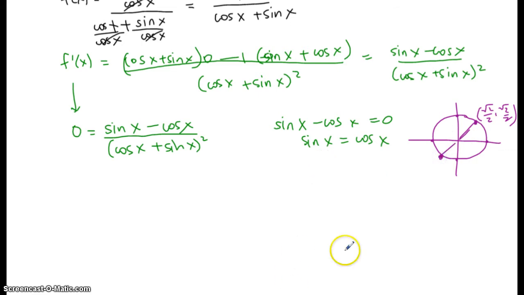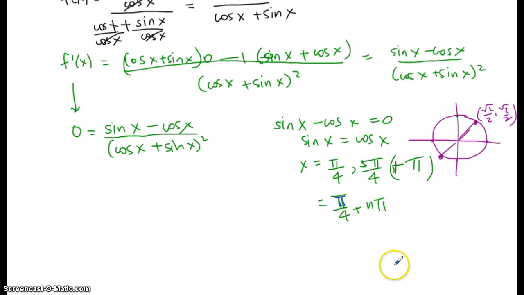So the values of x that make sine and cosine the same are at pi over 4, 5 pi over 4, and I spin it around, adding pi every time. A better way to write that would be pi over 4 plus n pi.